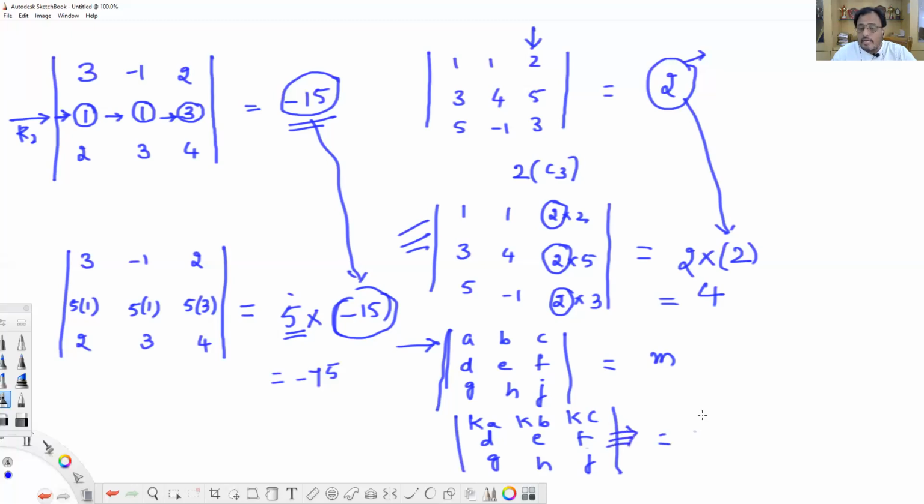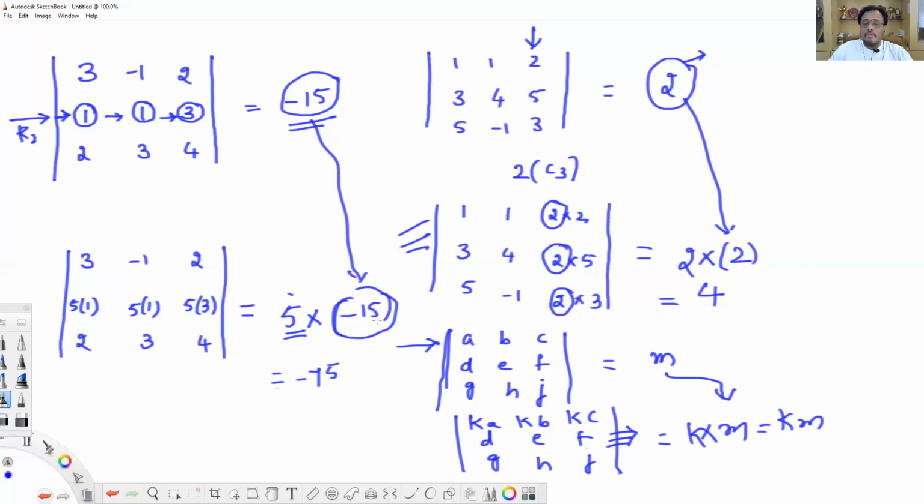Very simple: the original value has to be multiplied by the constant K. With whatever constant you have multiplied every element of a row, you have to multiply the value. Therefore the answer will be Km.